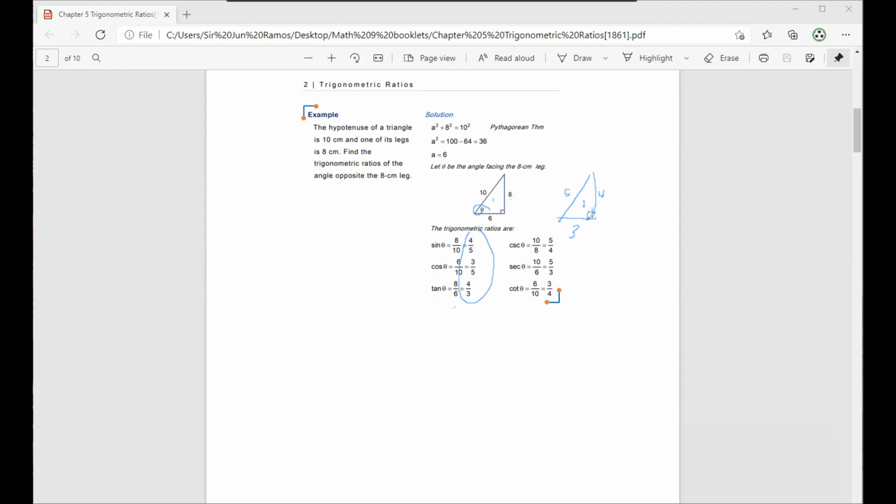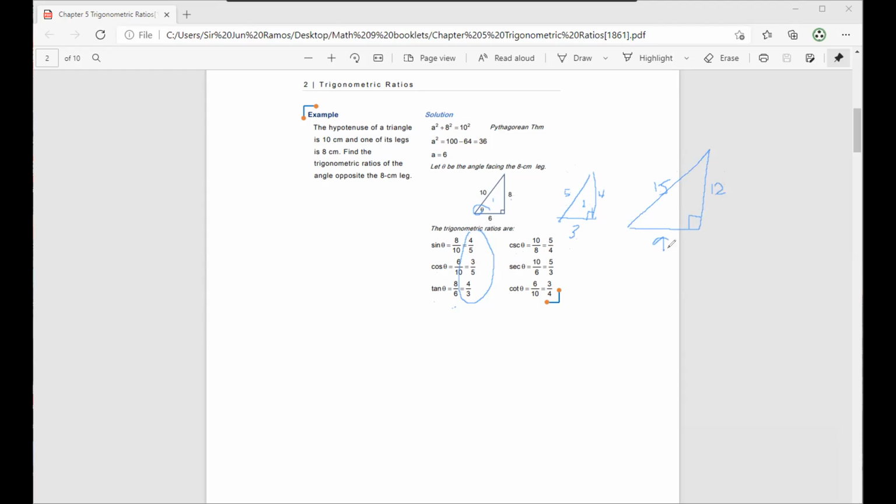So no matter if you have another right triangle similar to this, if you multiply this primitive form of the Pythagorean triple by 3, this becomes 15, this becomes 12, and this becomes 9. And the ratio is still the same. 12 over 15 will still give us 4 over 5. 9 over 15 will still give us 3 over 5.